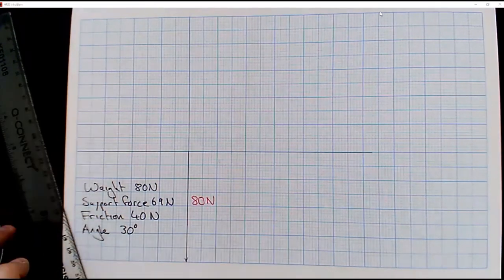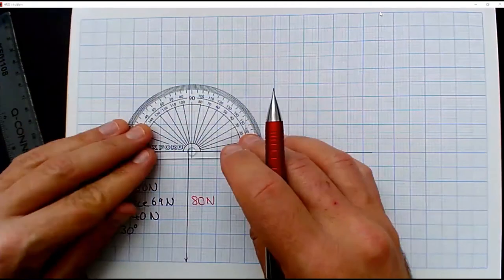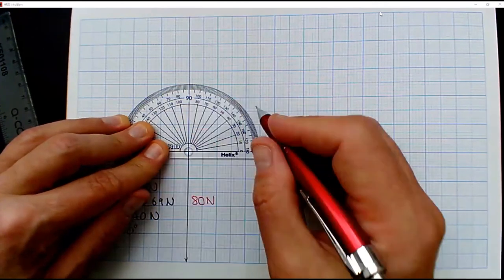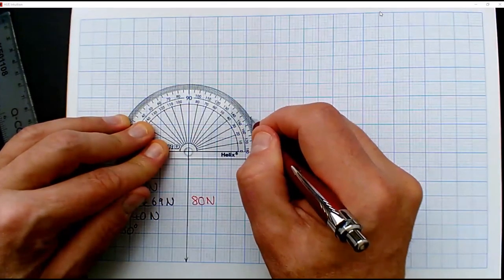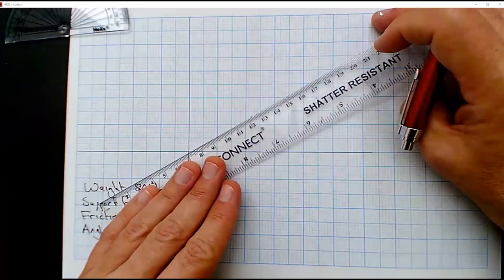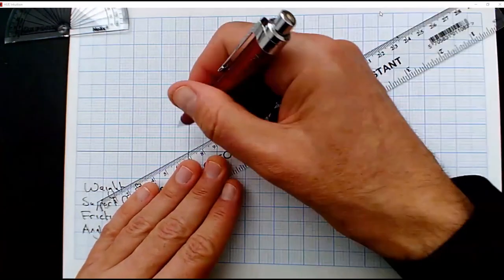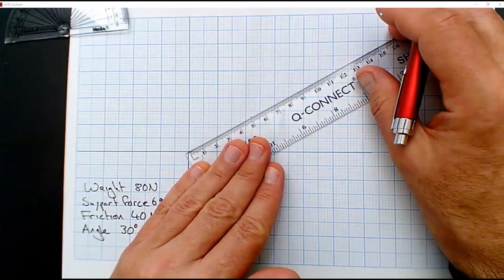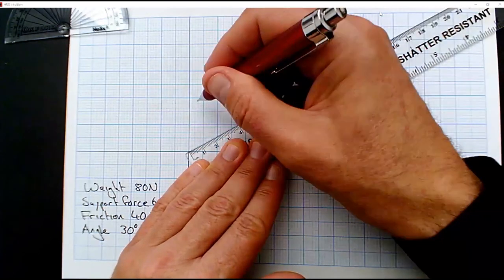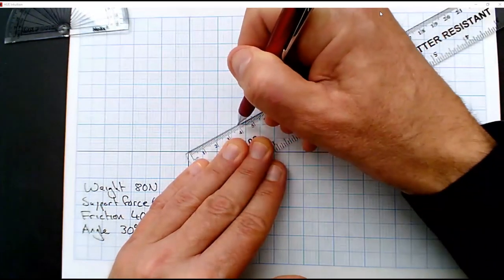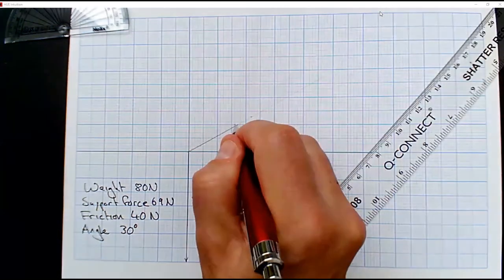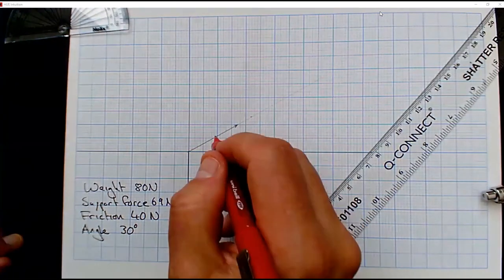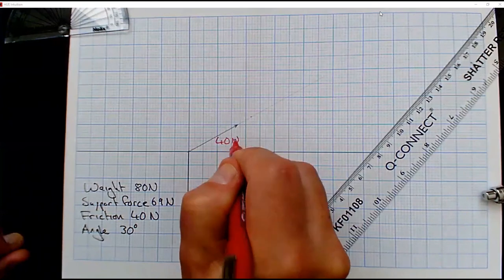Now our ramp is at an angle of 30 degrees, so placing the protractor on so that it's aligned with the horizontal and the vertical, I'm going to mark my 30. I'll draw a faint line from the origin through that, and then on that I will mark in a line of length 40 millimeters to represent our 40 Newton force.